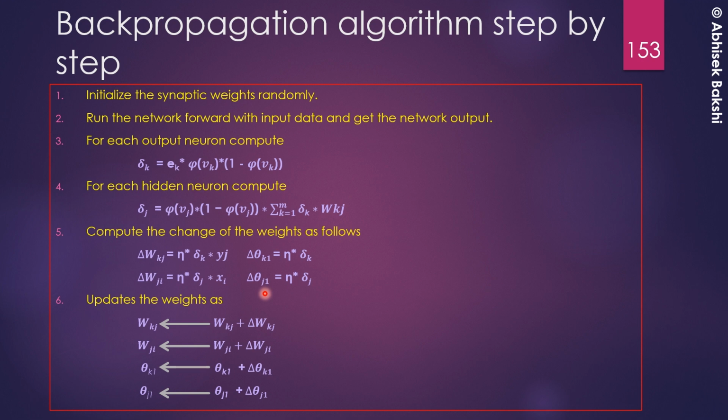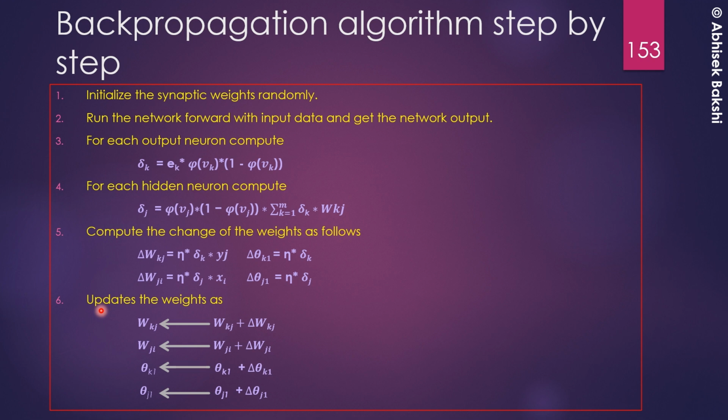So once you find the change of the weight, you can simply add that change value to the current weight and get the new weight. What is happening here actually? The last one is update the weight.